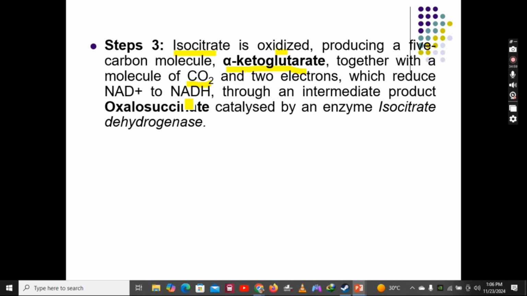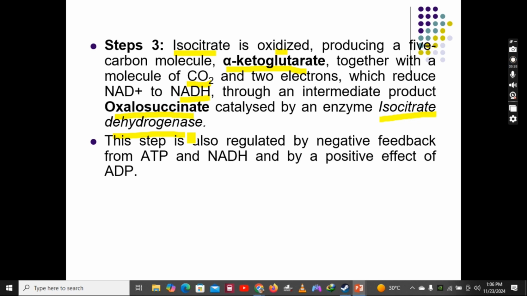We had our first NAD when we just started, and we have another NAD which has been produced through an intermediate product called oxalosuccinate. This is just an intermediate product, and this reaction is characterized by the enzyme called isocitrate dehydrogenase. That's the enzyme that is involved in step number 3 of the citric acid cycle.